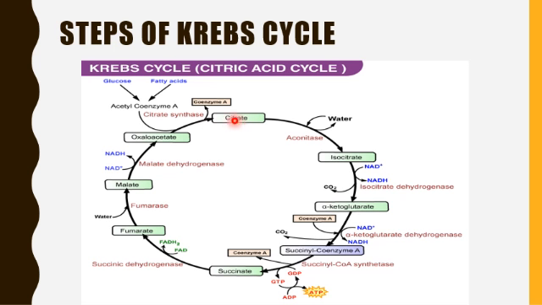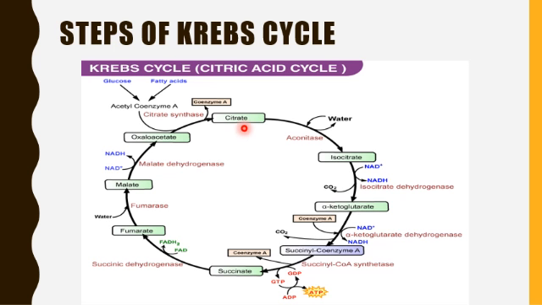So this is the first stable 6-carbon compound, hence the name citric acid cycle. This happens in the presence of the enzyme citrate synthetase, and CoA is set free.